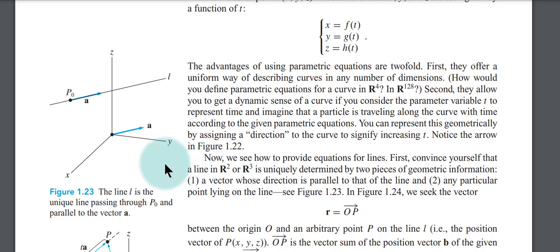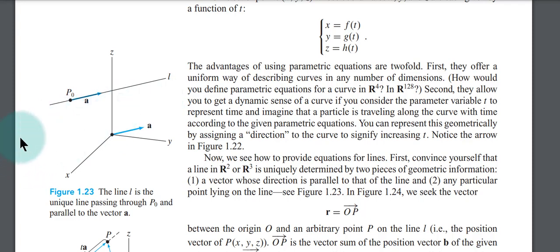So, suppose I want to describe a unique line. What I can do is say that line is parallel to some vector, let's say this vector. So the line must be parallel to this. Well, that doesn't specify what line I'm talking about, because there are many lines that are parallel to this vector. So it could be this line, but it could also be some other line.